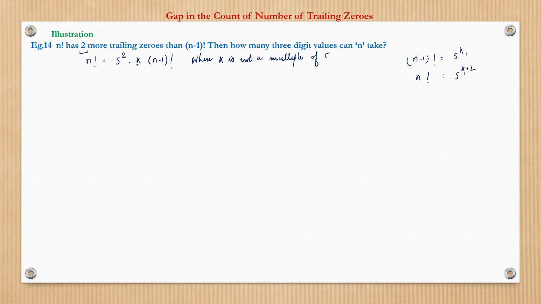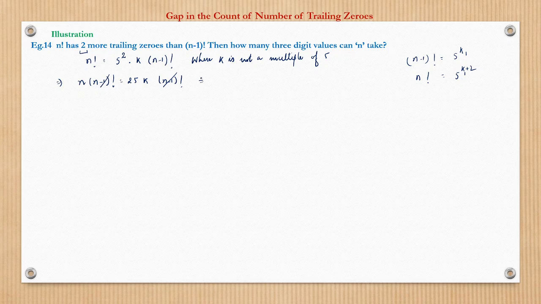So this we understood. Now this question we can further solve as n into n minus 1 factorial is nothing but 25k into n minus 1 factorial. This will cancel out.